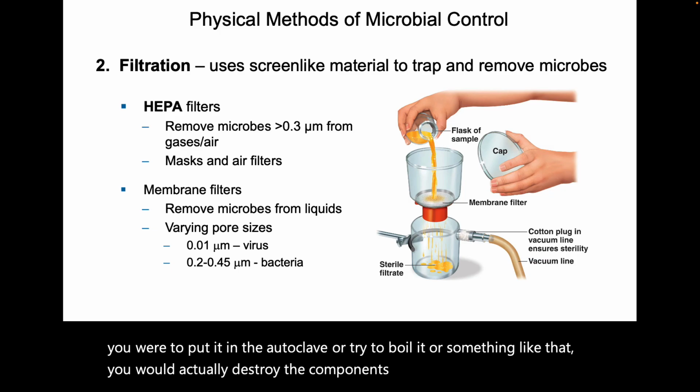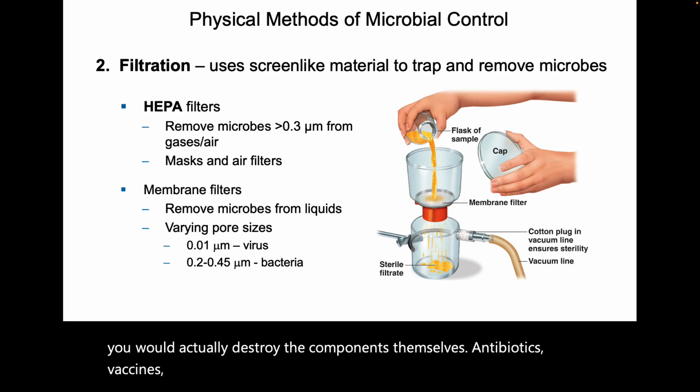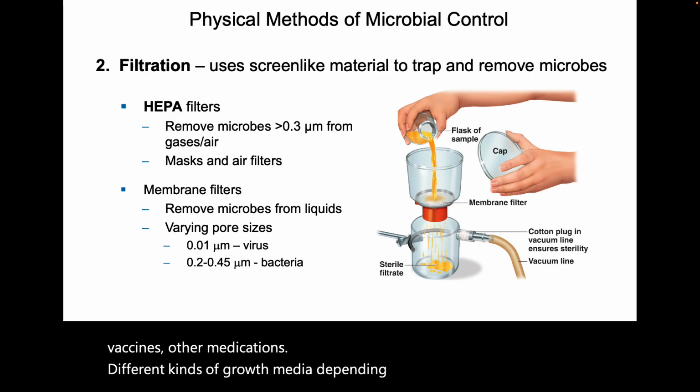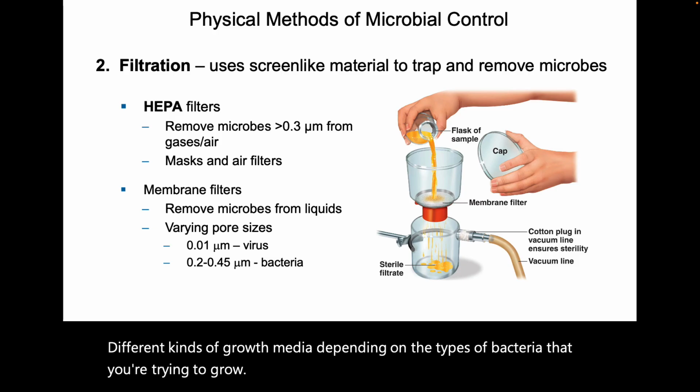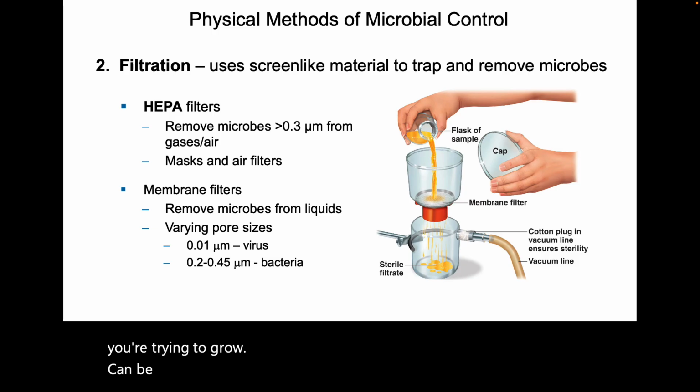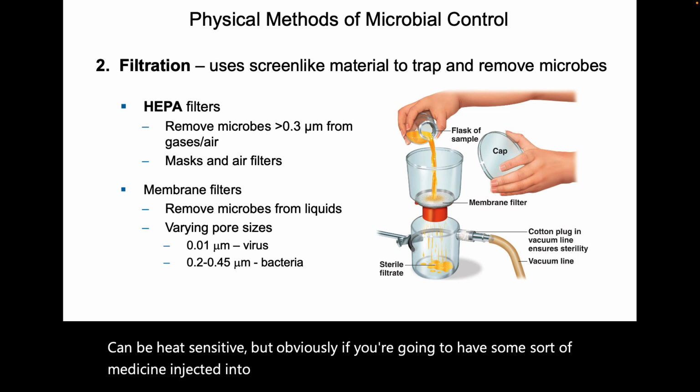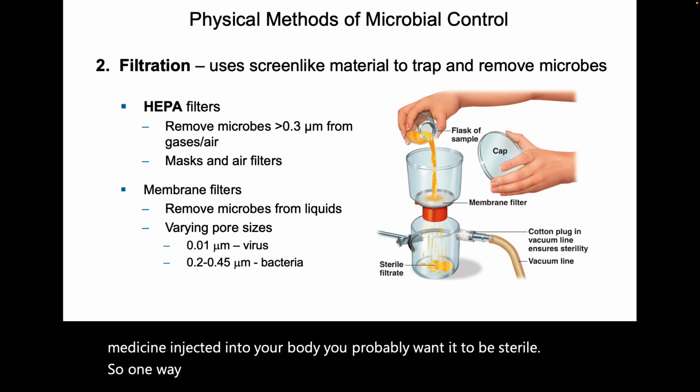Antibiotics, vaccines, other medications, different kinds of growth media, depending on the types of bacteria that you're trying to grow, can be heat sensitive. But obviously, if you're going to have some sort of medicine injected into your body, you probably want it to be sterile. So one way that that can be done is through filtration.